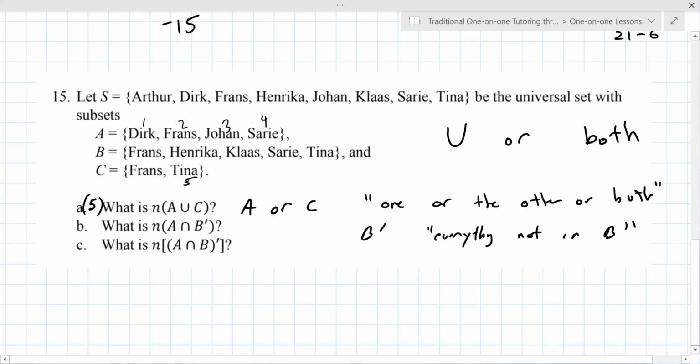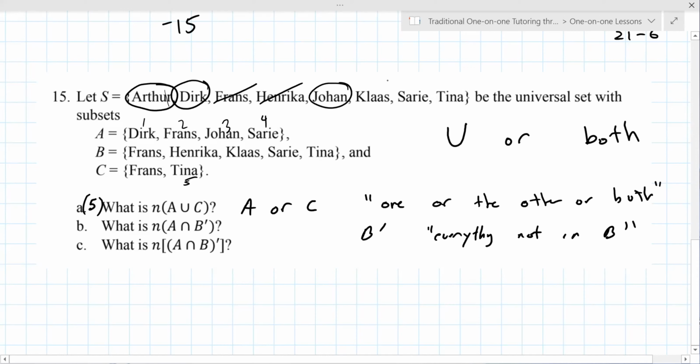B contains all these names. So if it's not in B, I'm going to circle it. See how Arthur is not in B? Dirk is not in B, but Franz is, so we ignore that one. And then Henrika is, but Johann is not.